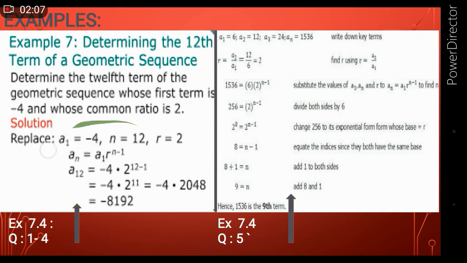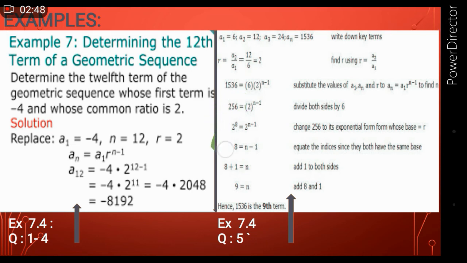So by using this method, you can solve exercise 7.4, question number 1 till question number 4. Now for question number 5, there is a hint. What is the method? First of all, write the data, find r, write formula and put values, then simplify. This step is very important. You have 2 to the power 8 is equal to 2 raised to power n minus 1, but in the previous step we have 256, so you will convert 256 into its factors by factorizing it.